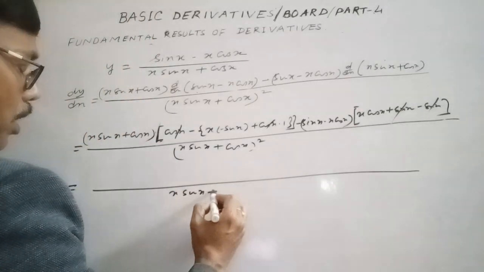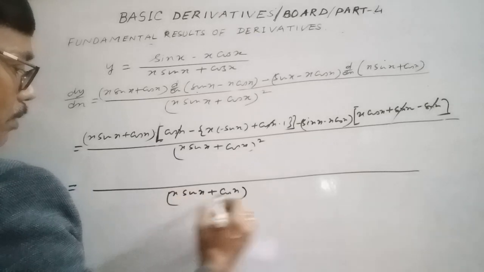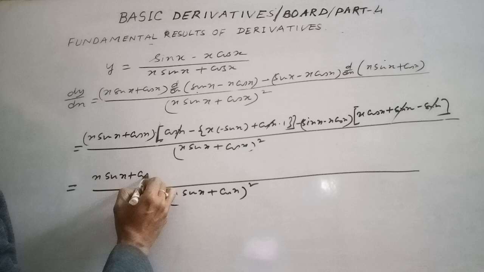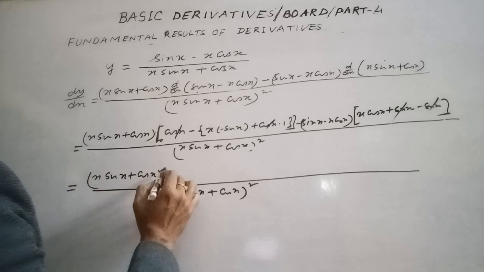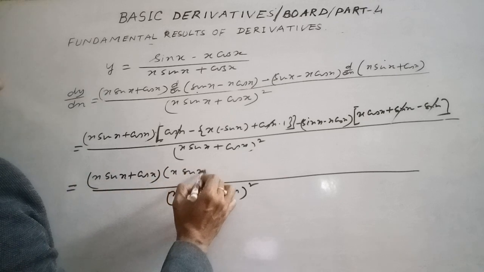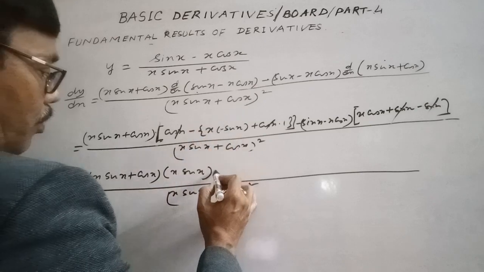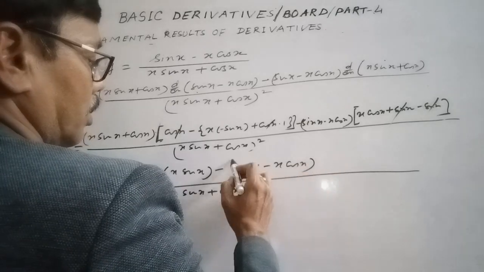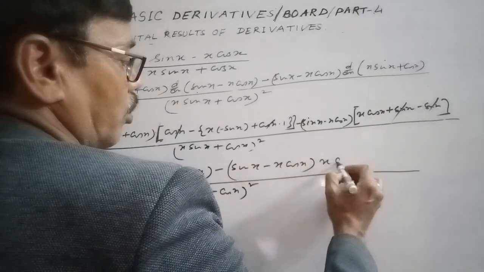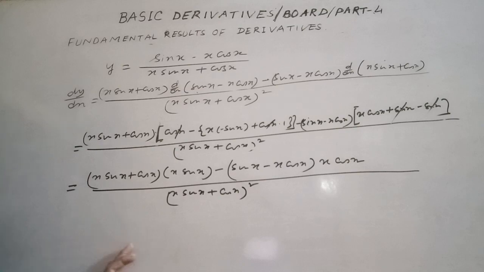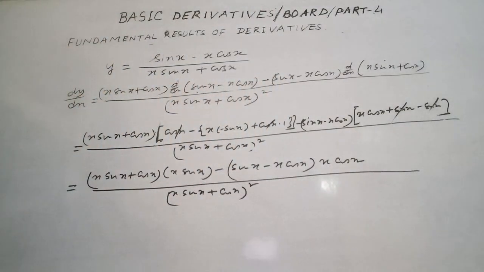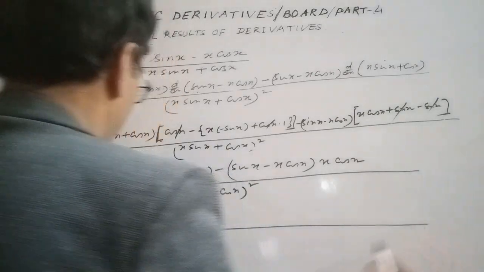(x sin x plus cos x) whole square. X sin x plus cos x into x sin x, minus minus plus, sin x minus x cos x into x cos x. So this is our result. But we try to simplify it using trigonometry.